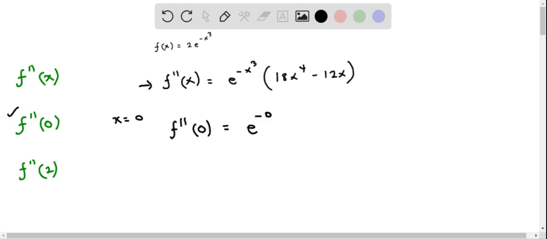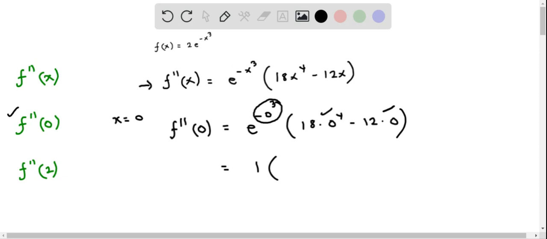So this becomes e raised to the power of 0 cube times 18 times 0 power 4 minus 12 times 0, and this one is basically 0. E power 0 is 1, times 0, so 0 minus 0, we get 1 times 0 equals 0. So therefore we see that the second derivative of f at 0 equals 0.